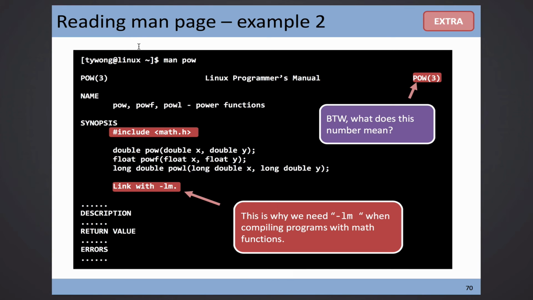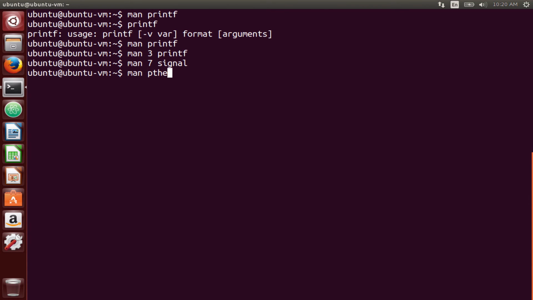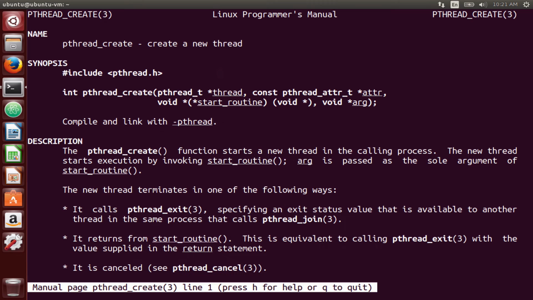Actually, every man page tells you what the minus l option is. Let's go into another function. This function, one month later, we will show it to you. It's pthread, writing threads. It also tells you how to link it, with minus what?